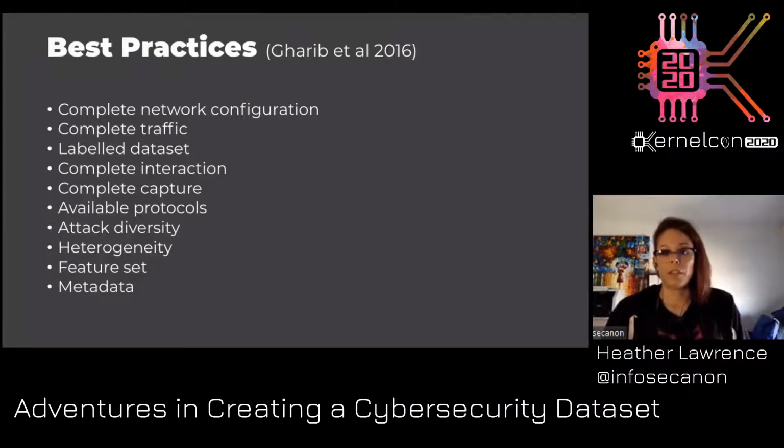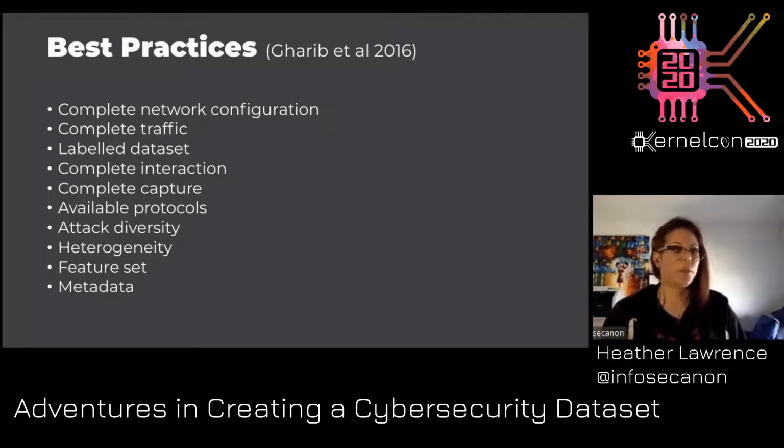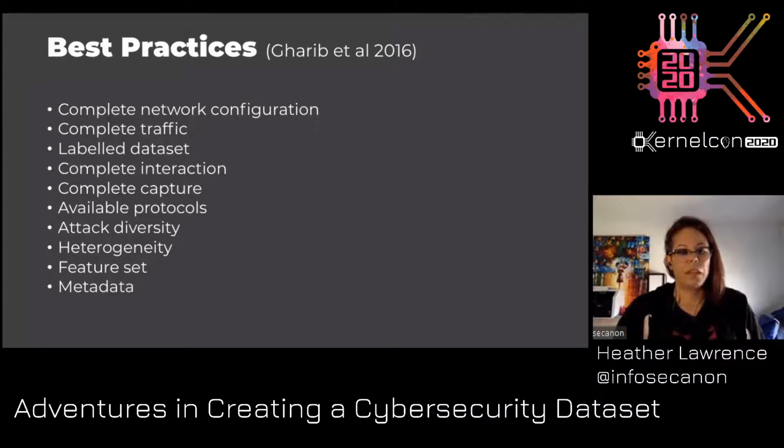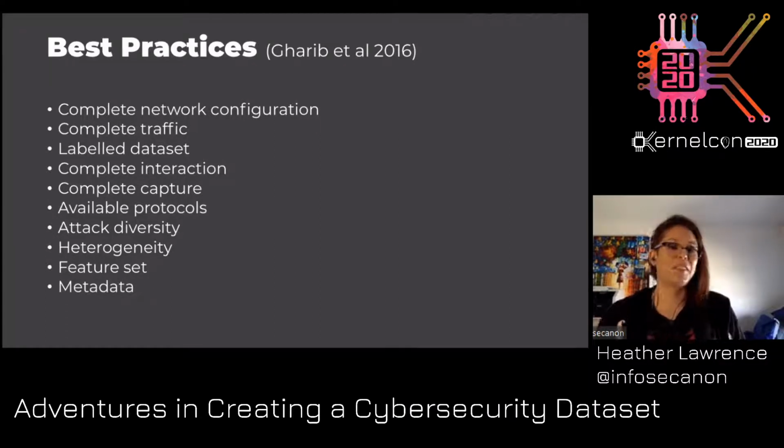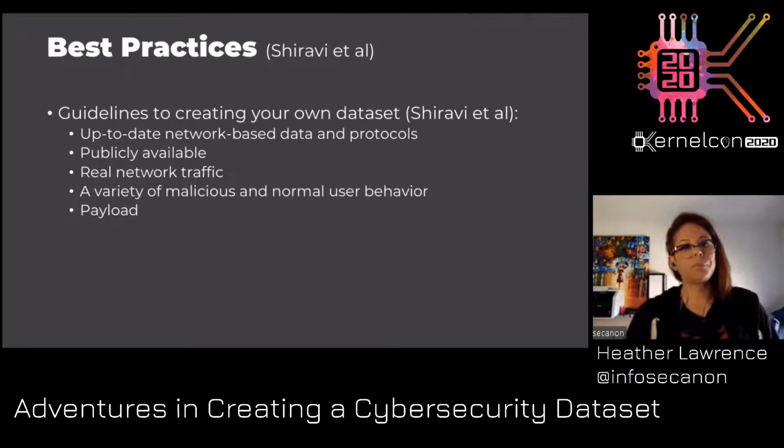And attack diversity, right? You want to train it on multiple different attacks like DDoS or botnets or directory traversal. You can't just have one sort of attack and then hope that your IDS knows the rest of them. It's not how that works. And then the feature set is super important. Which features you use, how many you store, what do you train them with?